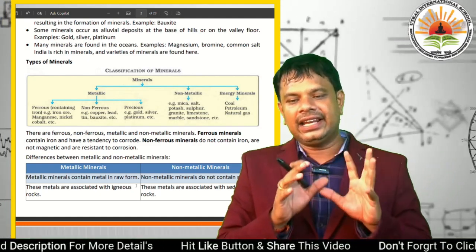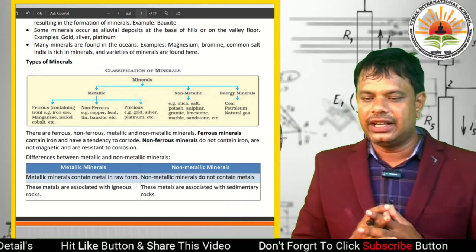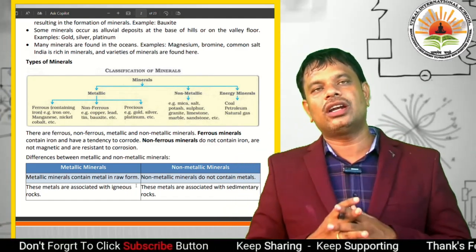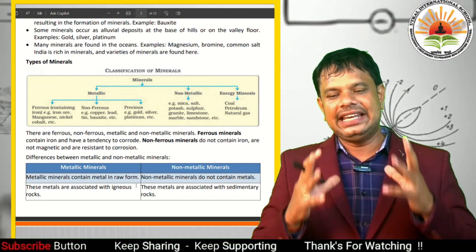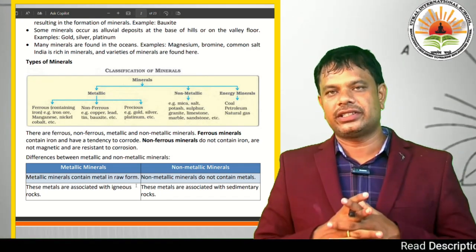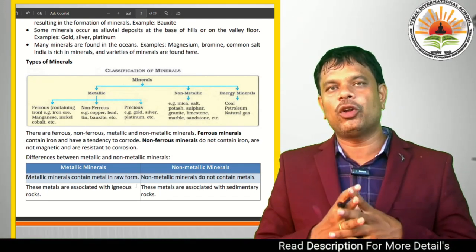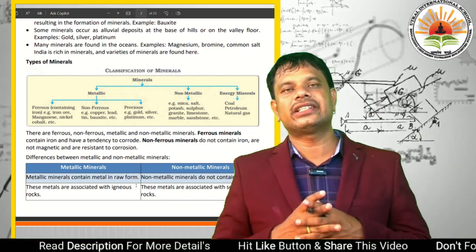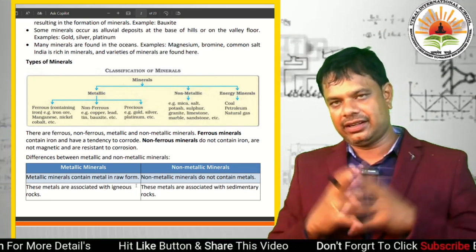Ferrous metallic minerals contain iron, which is iron ore, as well as manganese, nickel and cobalt. These are the main examples of ferrous material. Another is non-ferrous material.